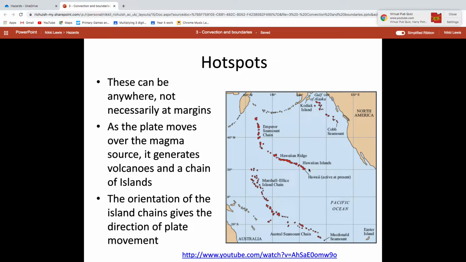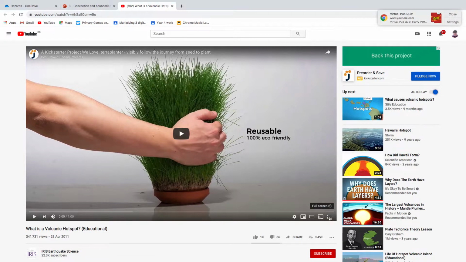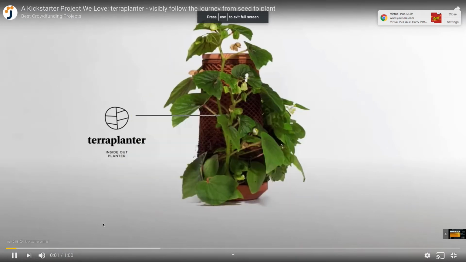So the Pacific plate is moving, but the hotspot isn't, and that is why you get these long chains. How cool is that? But I'm going to hand over to someone who can explain it much better than me. Once we get past the advert, obviously.